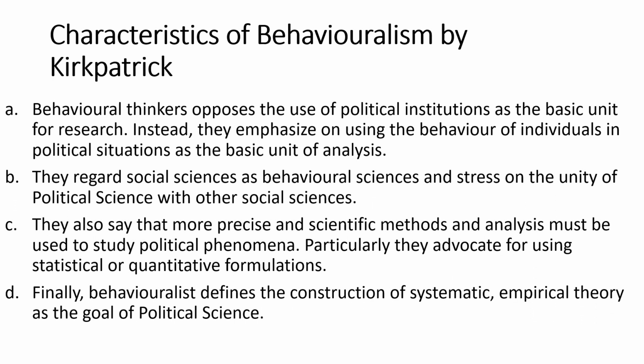Number 2, they regard social sciences as behavioral sciences and stress the unity of political science with other social sciences. Number 3, they also say that more precise and scientific methods and analysis must be used to study political phenomena.